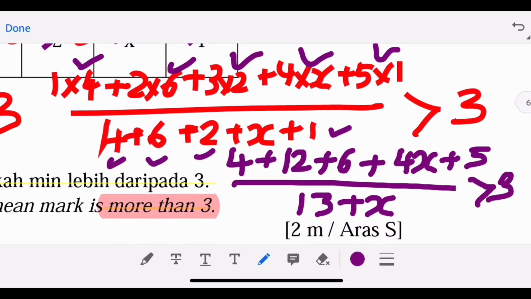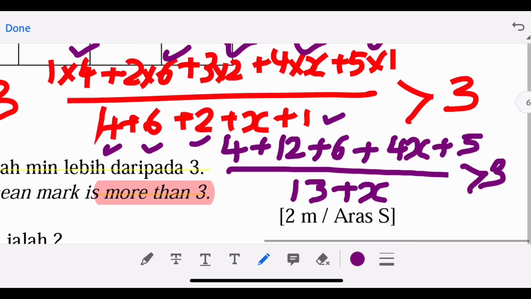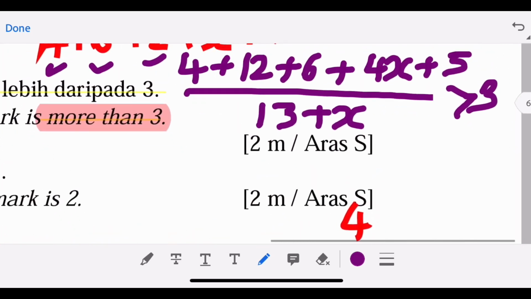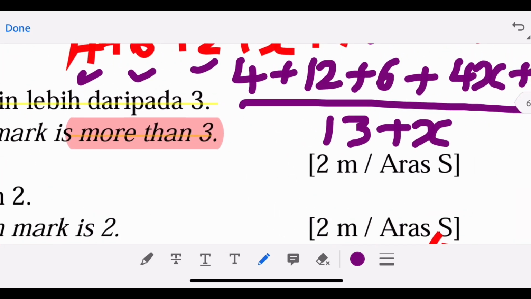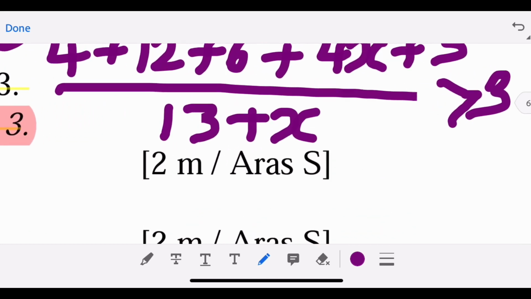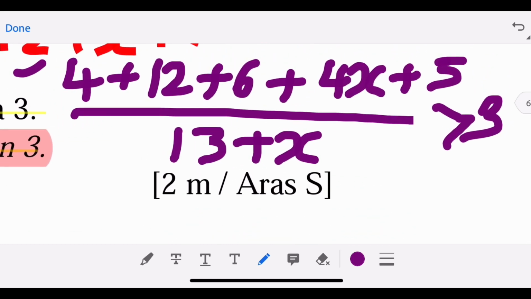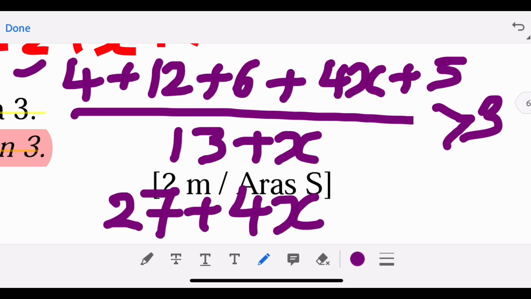Be careful when you do inequality. Now sum up the numbers for me, carefully. You have 4 plus 12, 16. 16 plus 6, 22. 22 plus 5, that is 27, plus 4x, right?